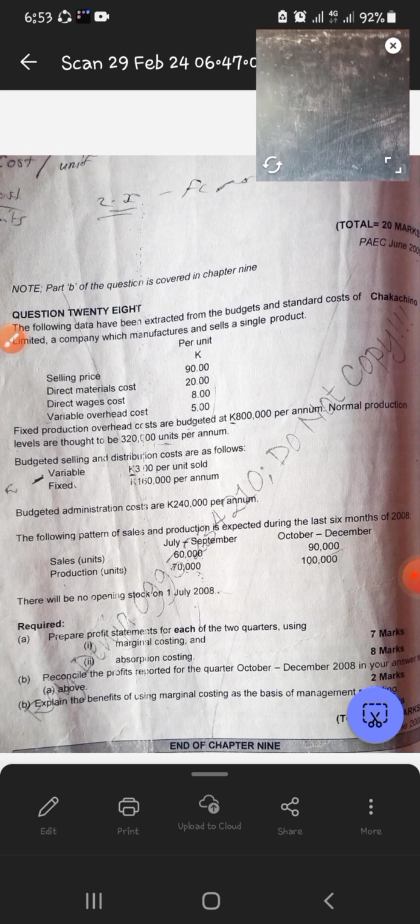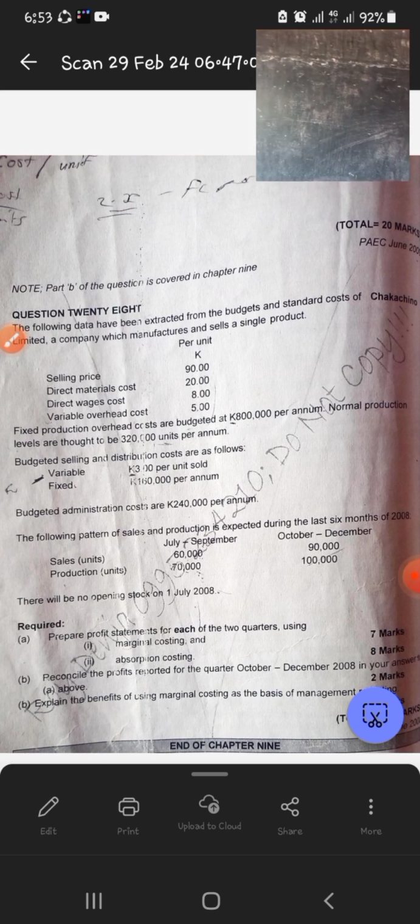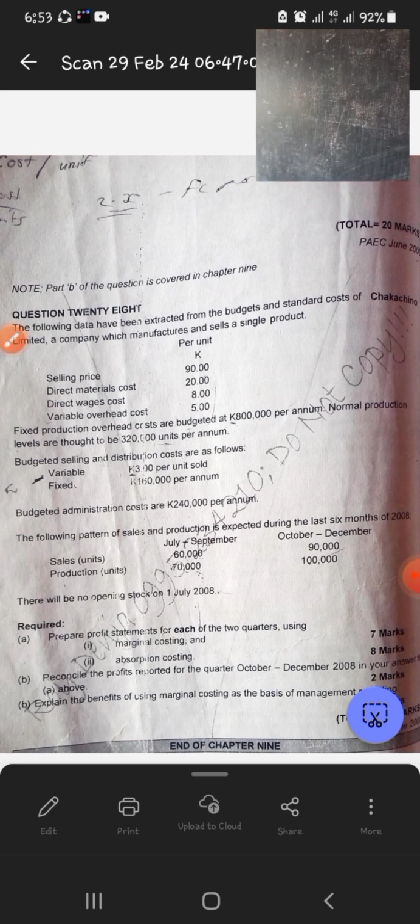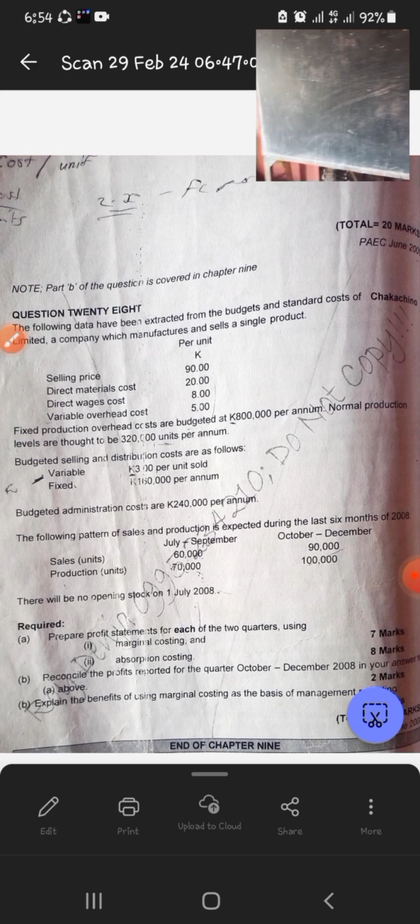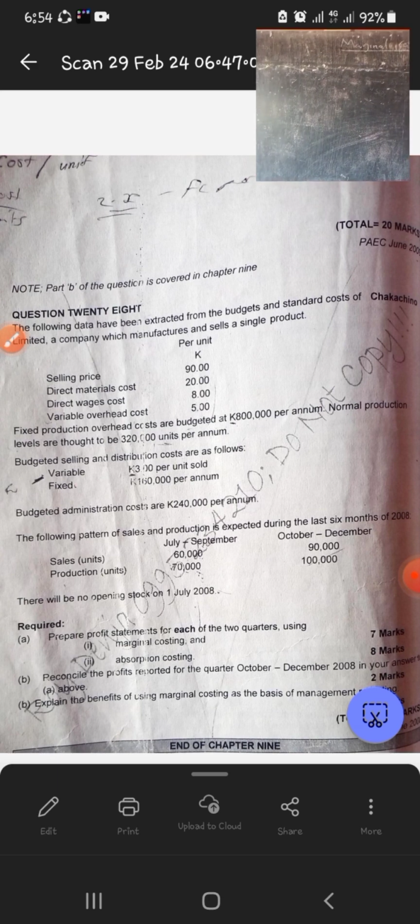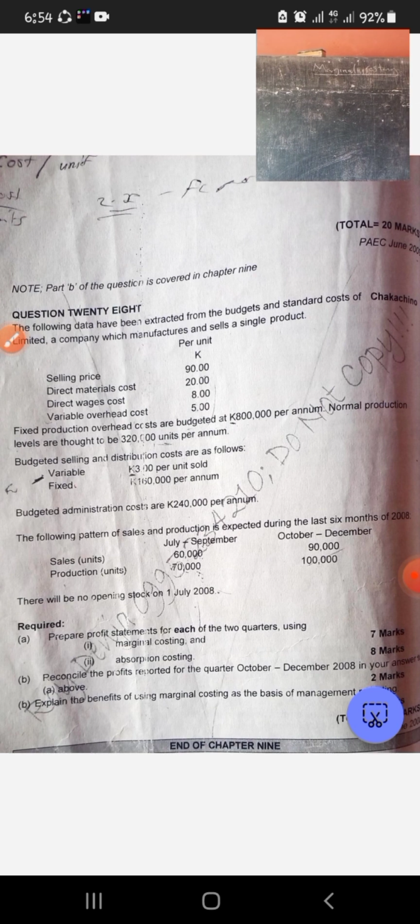So they want us to do it using marginal and absorption costing. The way we can distinguish these is how we treat the fixed and the variable cost. When you're dealing with marginal costing, it means we are dealing with variable costing. On our cost card we have three things: the direct materials, the direct labor, and the overhead.